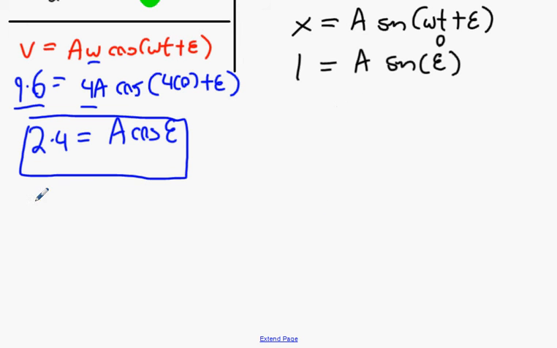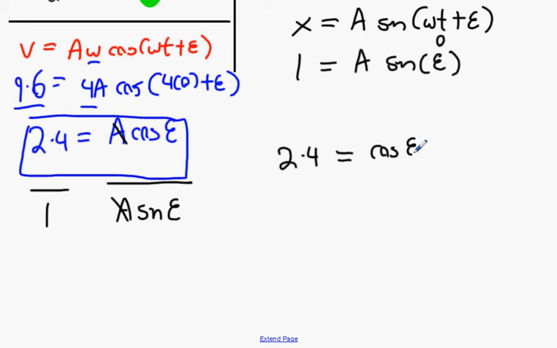So 2.4 divided by 1 is A cos epsilon over A sine epsilon. The A's cancel, don't they? And we get cos epsilon over sine epsilon. I'm going to turn them both upside down to get 1 over 2.4 equals sine epsilon over cos epsilon.